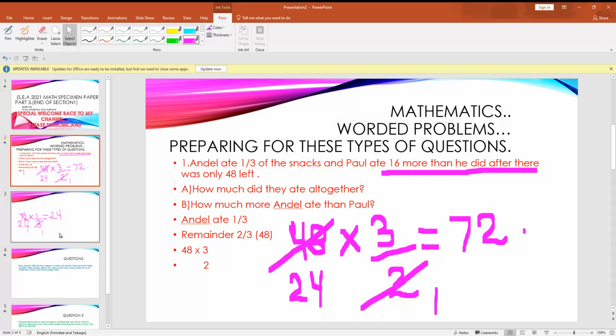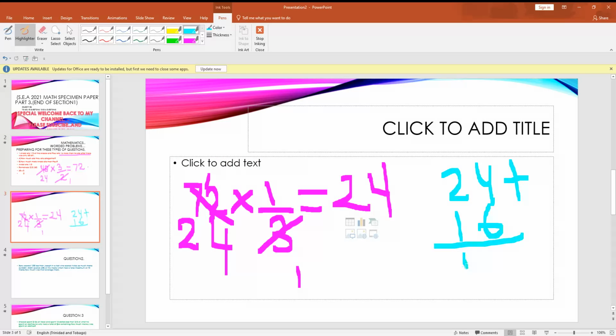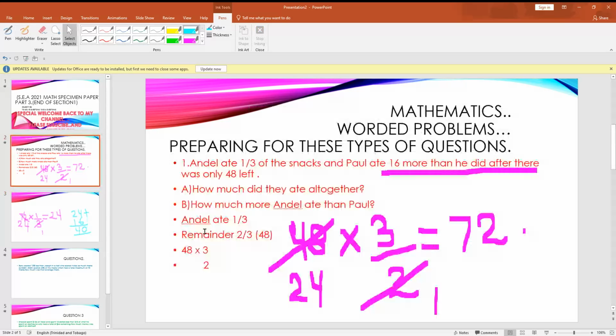They said Paul ate 16 more, so all we have to do is add 16. So 24 add 16 is equal to 40. Now we have answered the question.